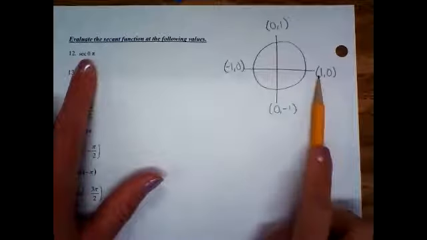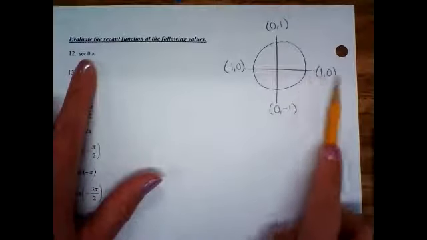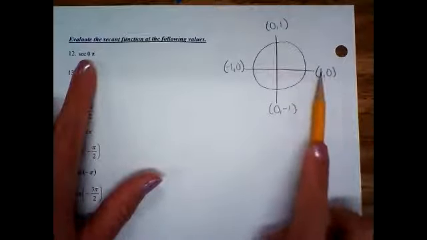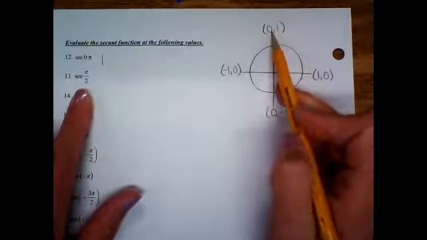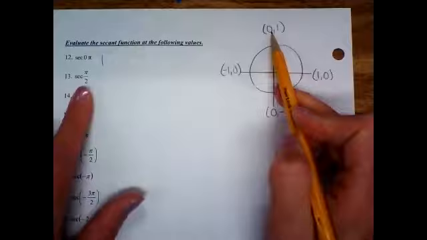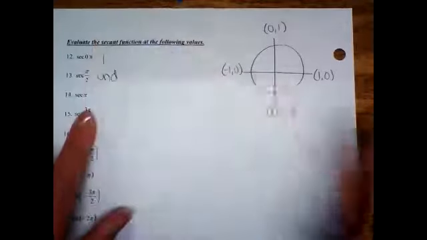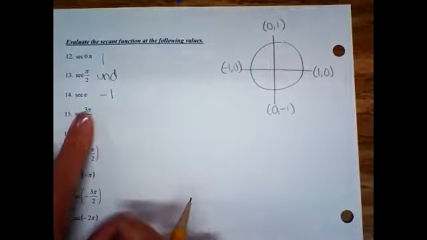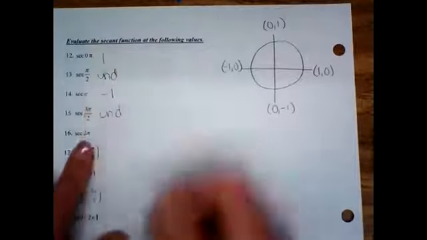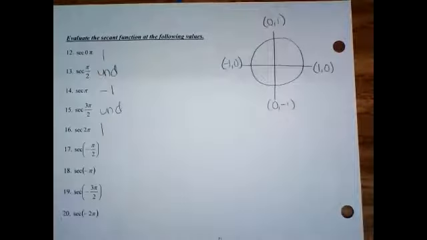All right, what's your first x value? 1. If you flip that, it's 1. What's the next one? 0, so it's going to be undefined, and then -1, and then undefined, and then 1.